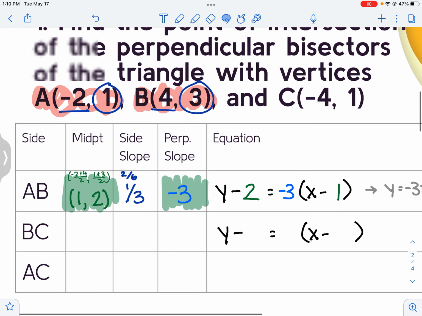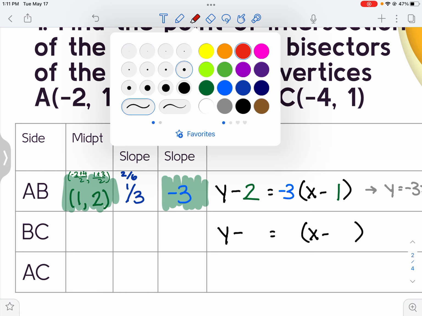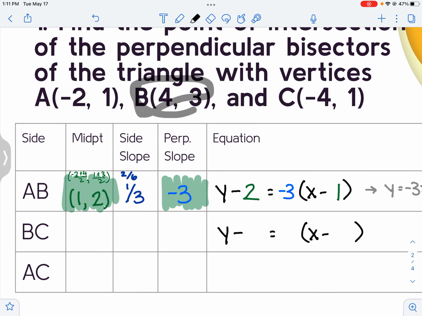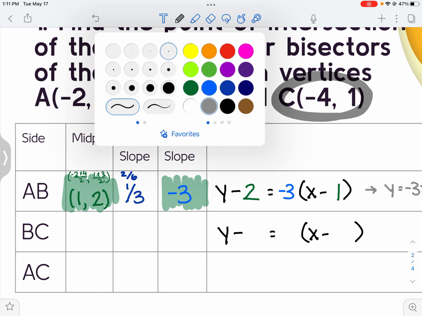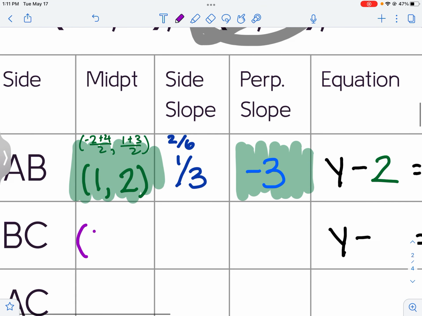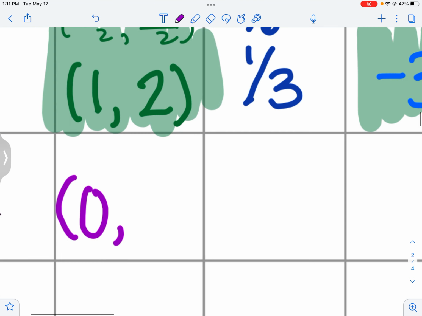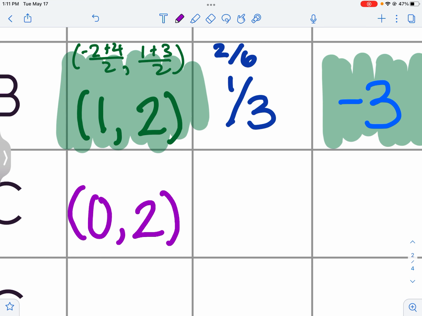And then we're going to do the same thing, but this time we're using BC. So I'm still using B, and I'm also using C. -4 plus 4 is 0, divided by 2 is 0. 3 plus 1 is 4, divided by 2 is 2.